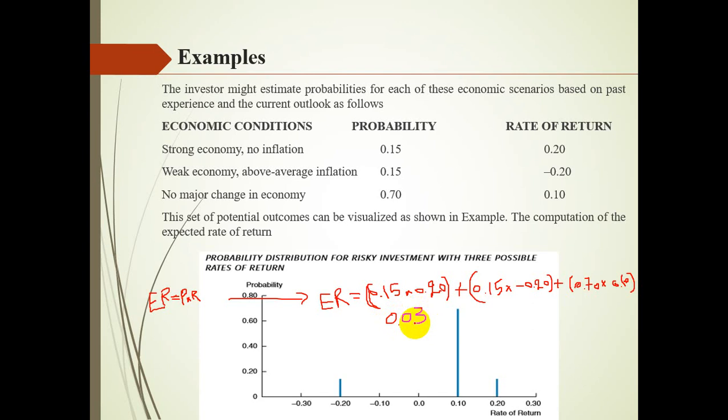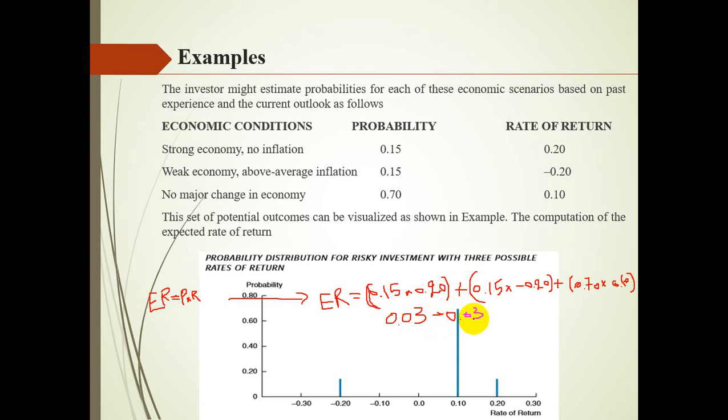The second one is 0.15 multiplied by minus 0.20, which is minus 0.03.